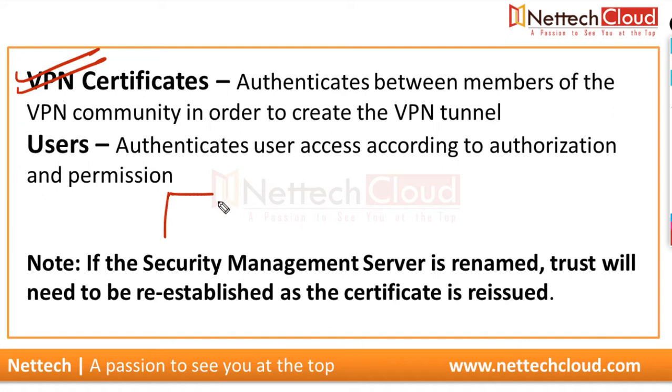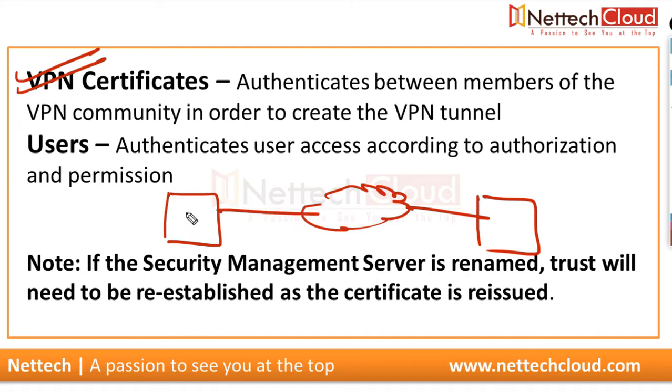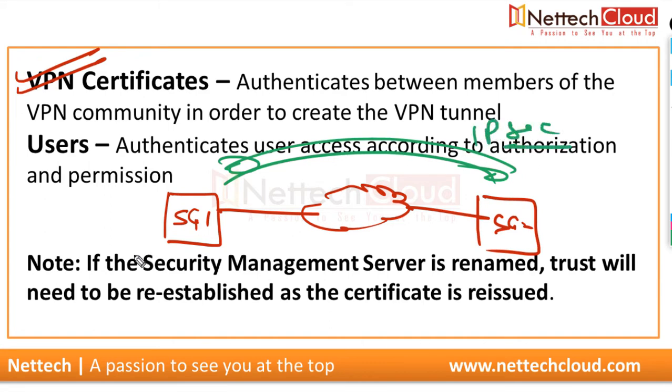So even in the case of site-to-site VPN, if there are two different Check Point security gateways, and they are both managed with the same management server, and here is the tunnel we want to create, then VPN certificate is the default method for authentication. We cannot even change that, right?